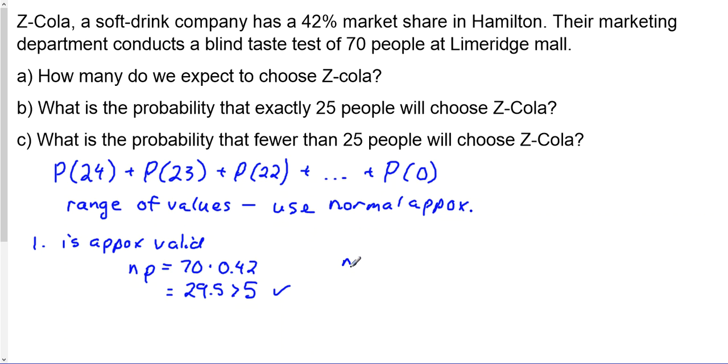Then we also have to check N times 1 minus P. So 70 times 0.58, which is our probability of failure. It's a multiplication in there, just to make that clear. We get 40.6, which is also greater than 5.